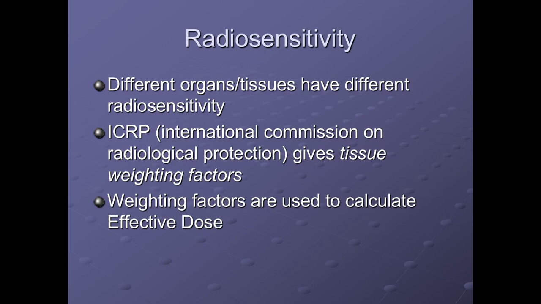The International Commission on Radiological Protection, the ICRP, gives tissue weighting factors, and these weighting factors follow on to calculate effective dose. If you can't remember this, then access the lecture from first year on the biological effects of radiation.